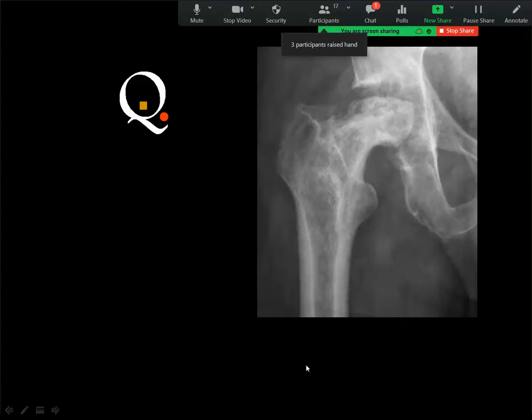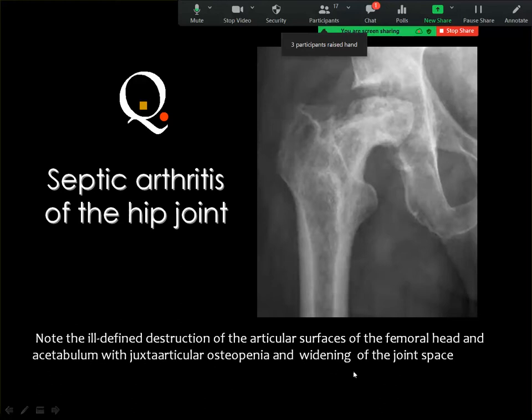Septic arthritis. Yes, and this is right. And of course, whenever you are dealing with any joint, you should look carefully at where the disease is. Is it in the femoral head only, or does it also affect the acetabulum?